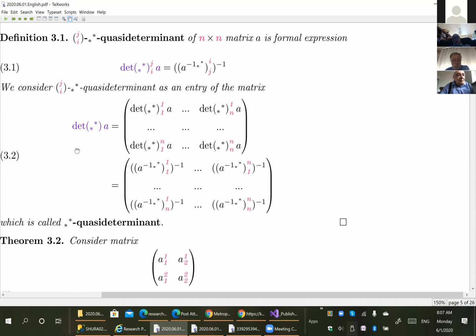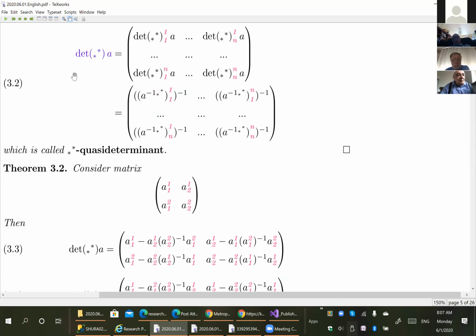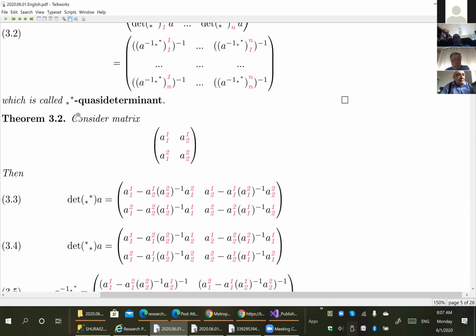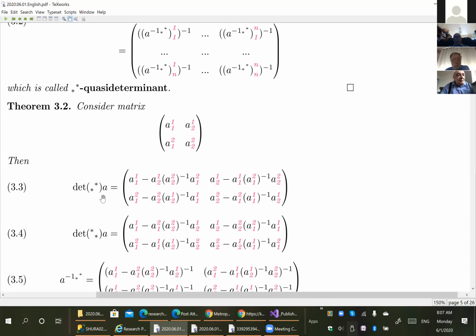However, for a quasi-determinant of order 2, the expressions are relatively simple. For instance, for the row column quasi-determinant, we can use equation 3.3, and for the column row quasi-determinant, we can use equation 3.4. Also, I need to point out that a matrix may be row column singular and column row regular.